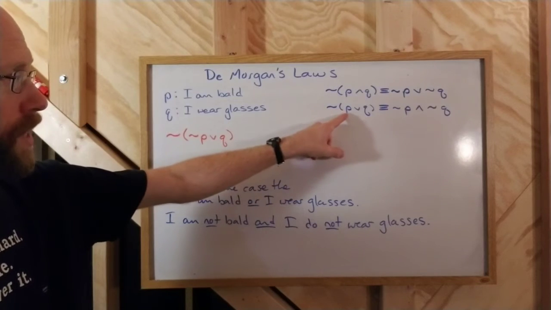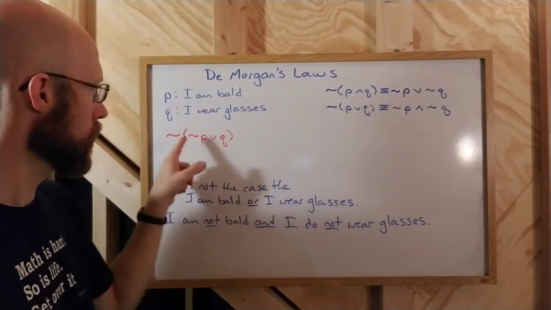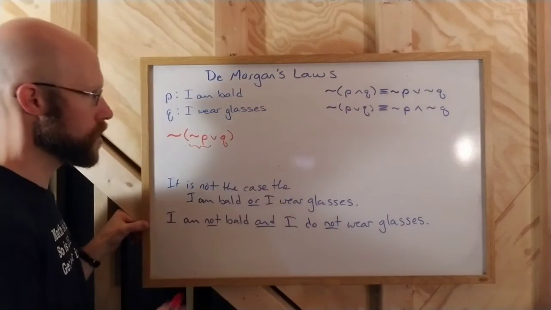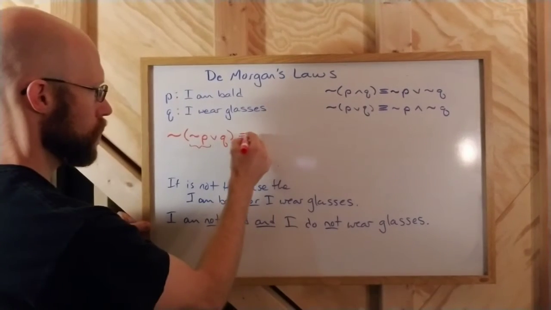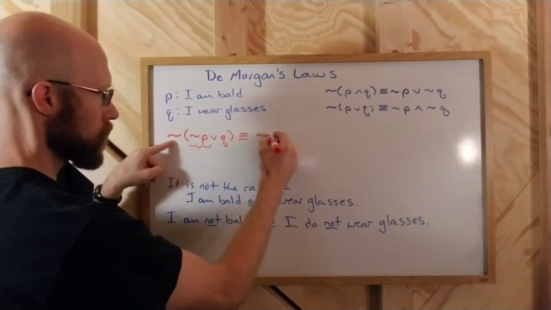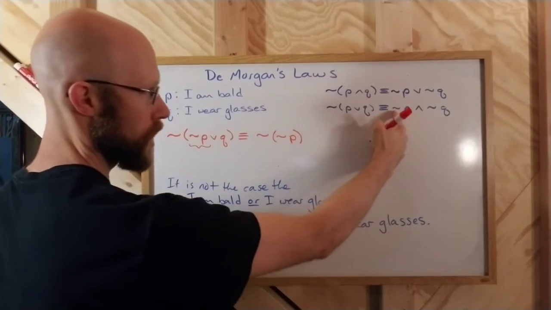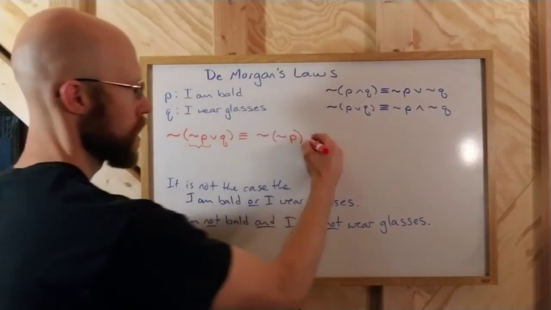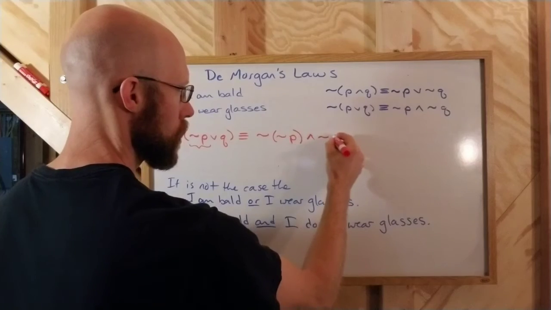Okay, it doesn't matter what that statement is. I still have to then negate it. So whatever's in this first position must then be negated. So this is equivalent to the negation of not P. Right, so I'm negating the first statement, and I have to do the negation of Q, right?